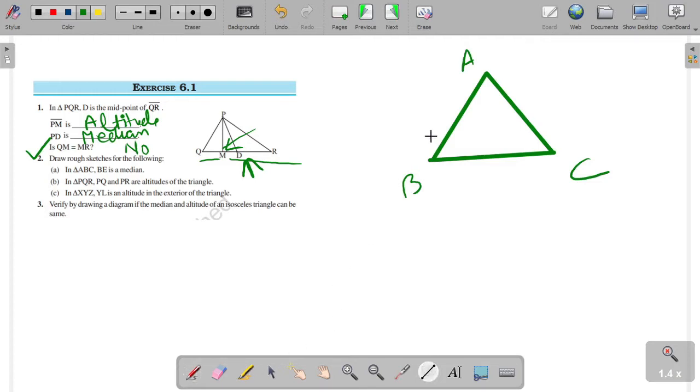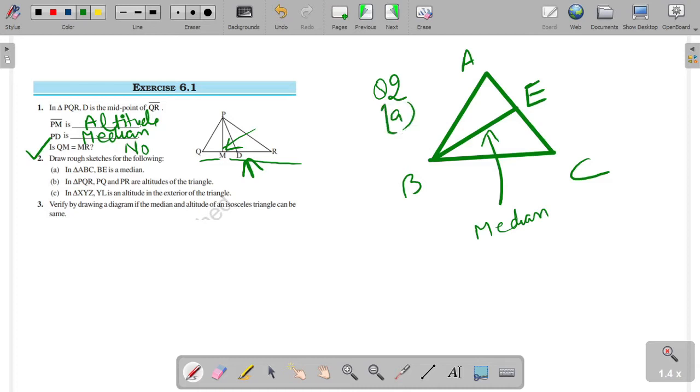So this is E. This is the median. This is about question number 2, A part.